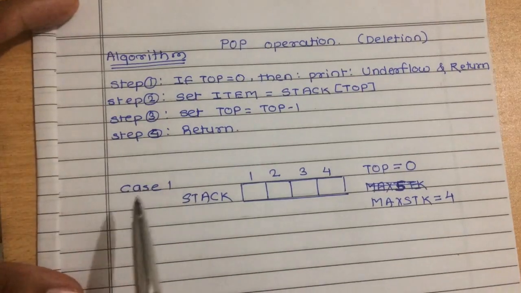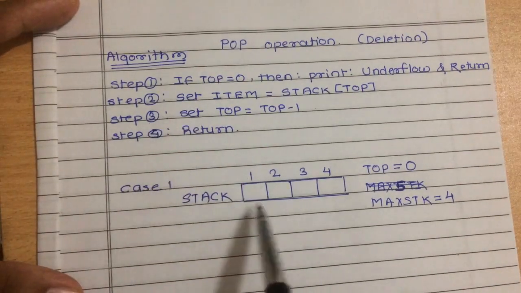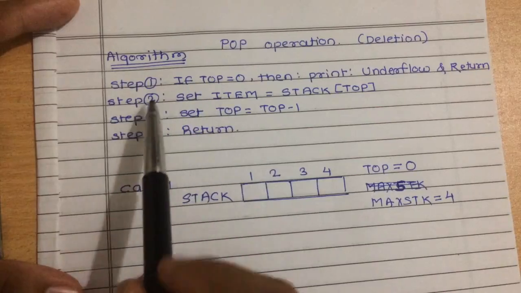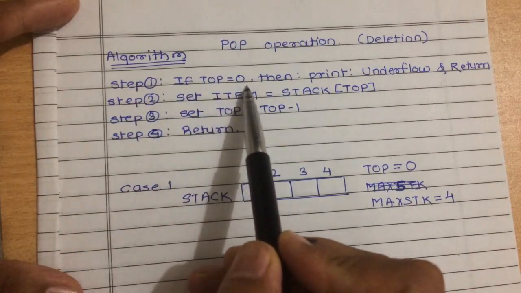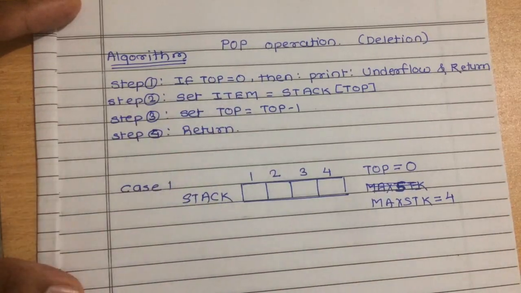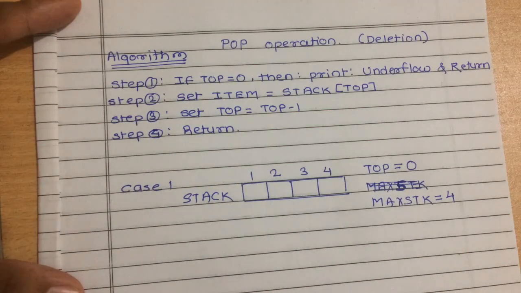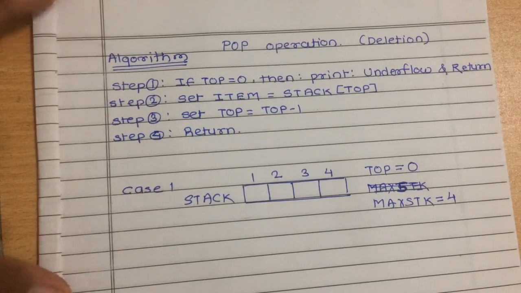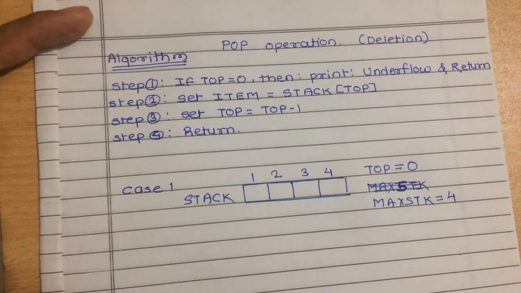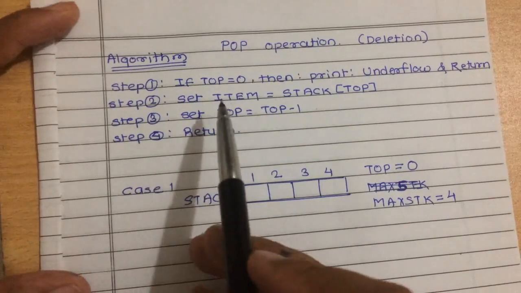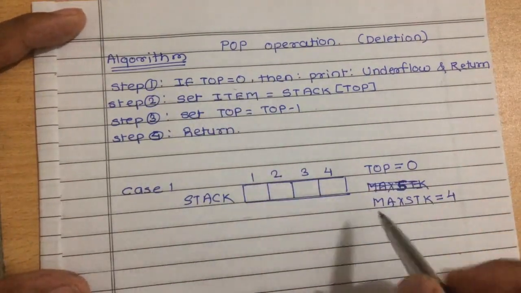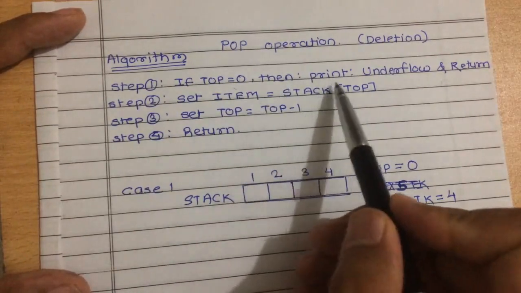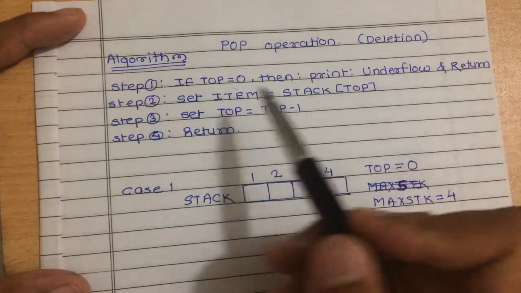So that's why we check first whether a stack is empty or not. So for that the first step is: if top is equal to 0. As in the previous lecture we have studied the condition for stack is empty. So to check that, we have this condition, top is equal to 0. If top is equal to 0, then print underflow and return. So this is the first step.